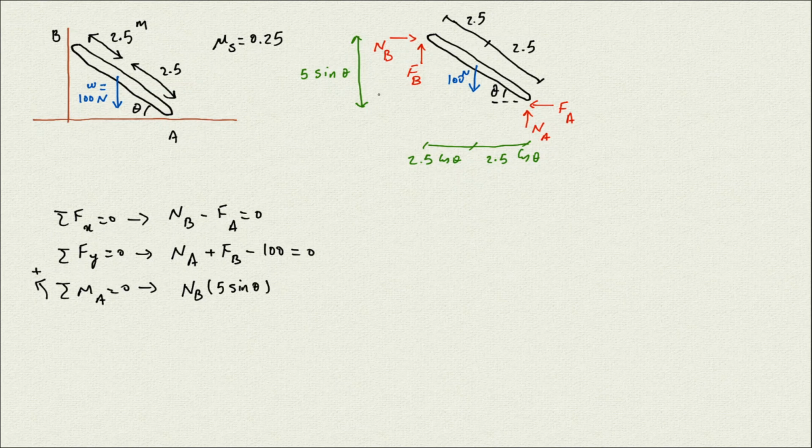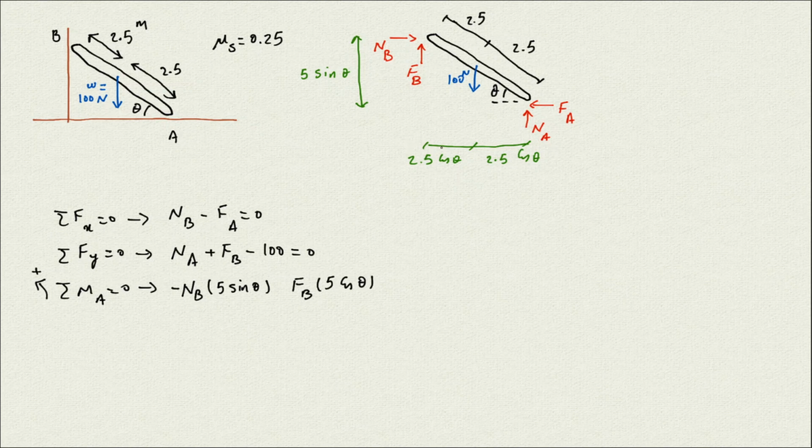Also, if you look at it, it's going to rotate like that, so it's clockwise, so it's going to be negative. Then I have the other one, FB, with magnitude FB, and the normal distance between FB and A is 5 cosine theta, from here to here.